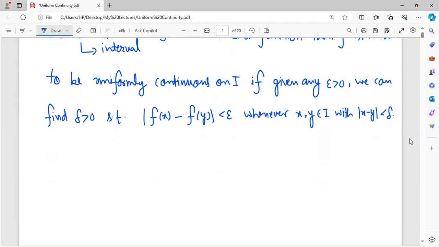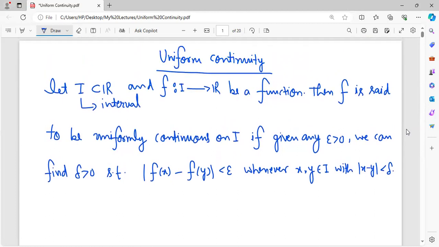We know that uniform continuity is defined on an interval. It is not defined at a single point.